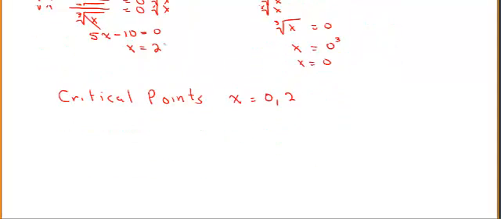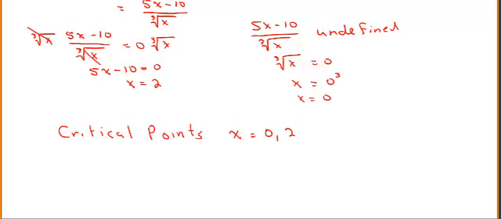So I'm just going to look at the sign of that first derivative. The derivative is undefined at 0 and 0 at 2. These are the only two places where the first derivative can change signs.